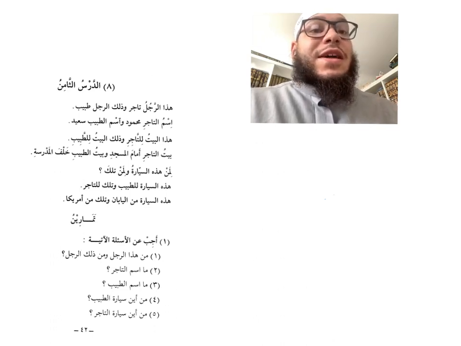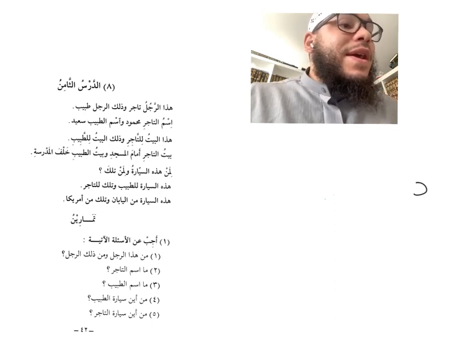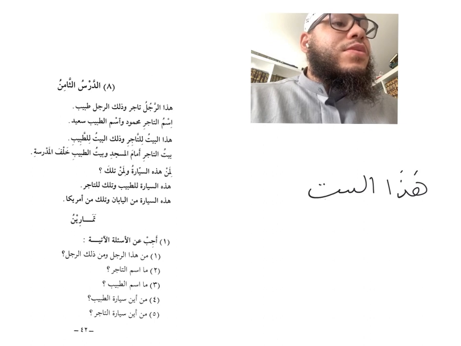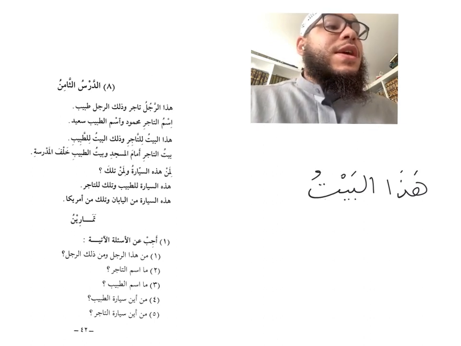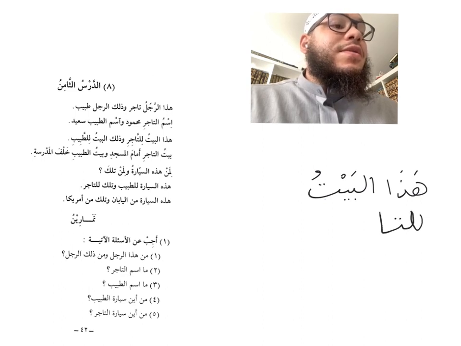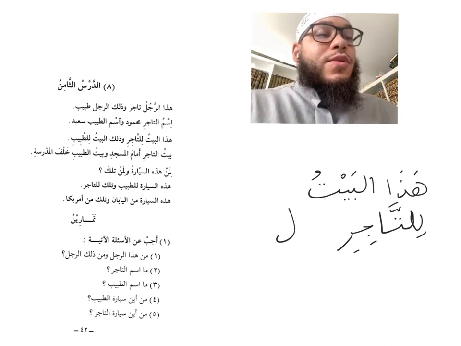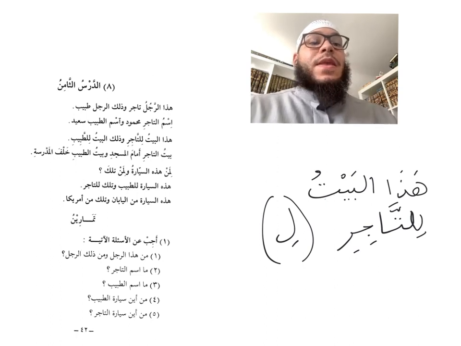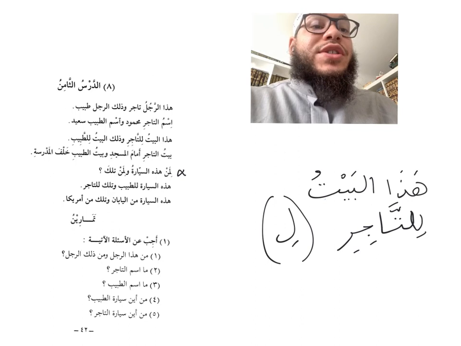But in this lesson now, we learn هذا البيت, for example, this house. هذا البيت, this house, للتاجر. Now li, this lam with kasra li, this is called lam al-mulk, the lam of possession, to show that something belongs to someone.